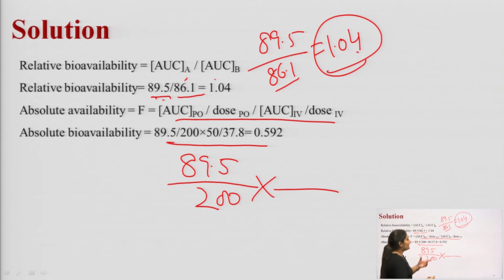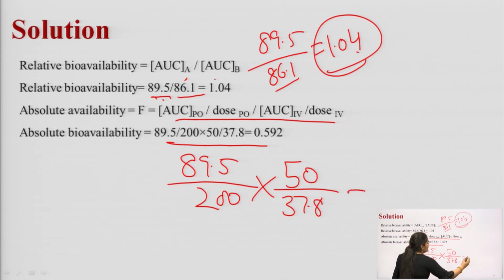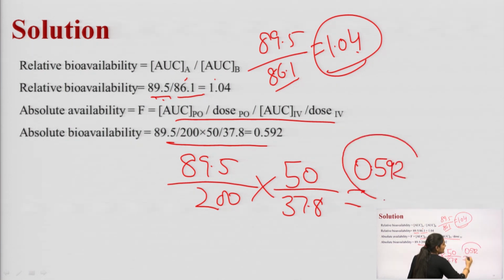In case of IV, the AUC is 37.8 and dose is 50. So, after calculation we get the value of absolute bioavailability as 0.592. So, I think the concept of absolute bioavailability and relative bioavailability has been cleared to all of you.